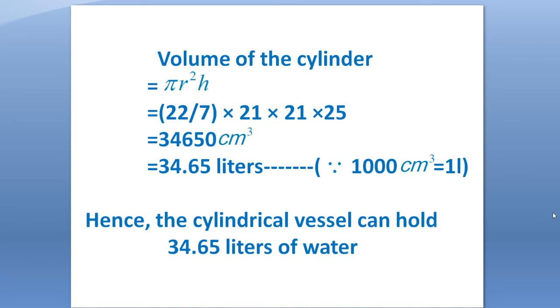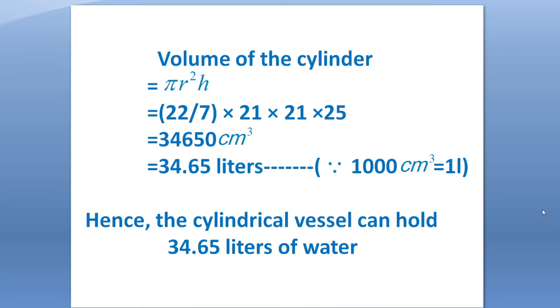Now volume of the cylinder is equal to pi r square h. So it is equal to 22 by 7 into r is 21, so 21 into 21, h is 25.